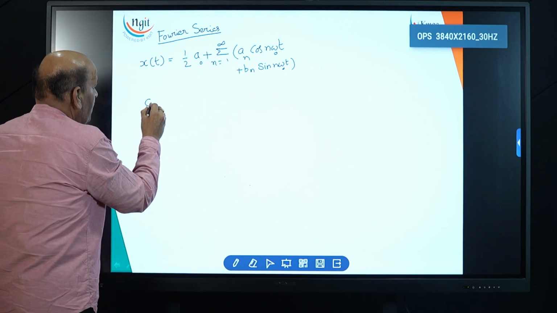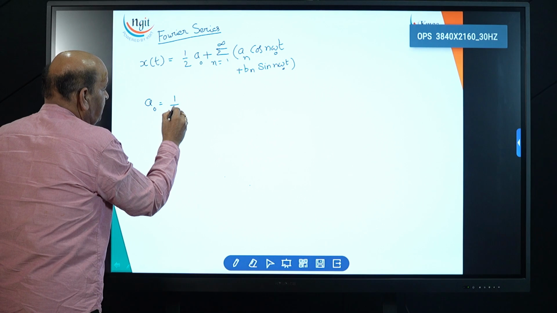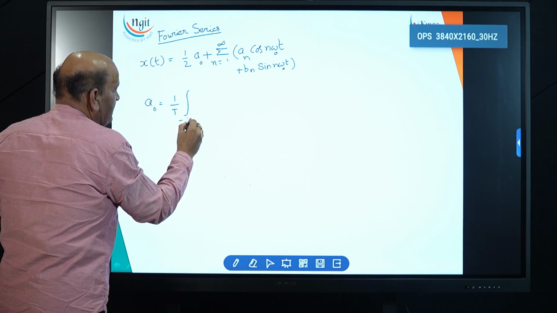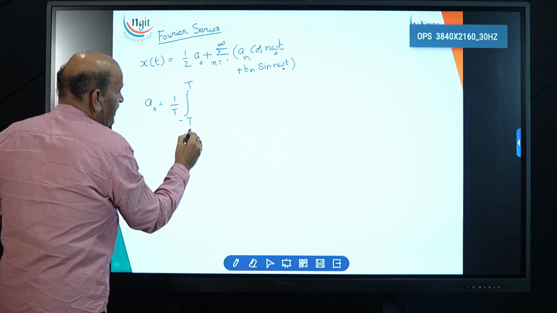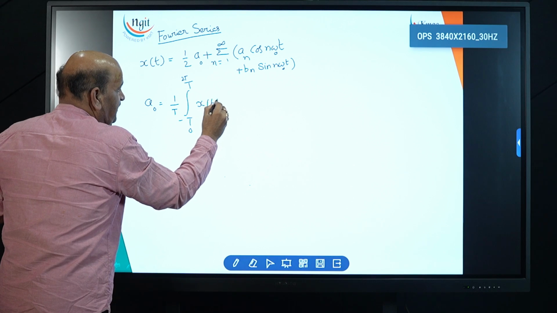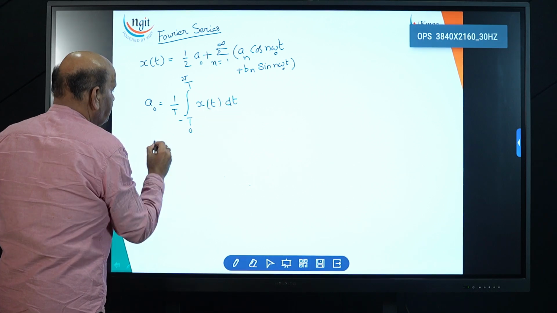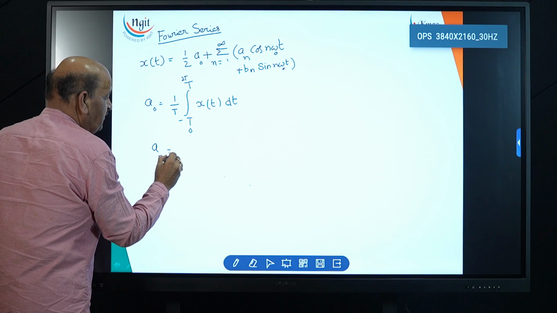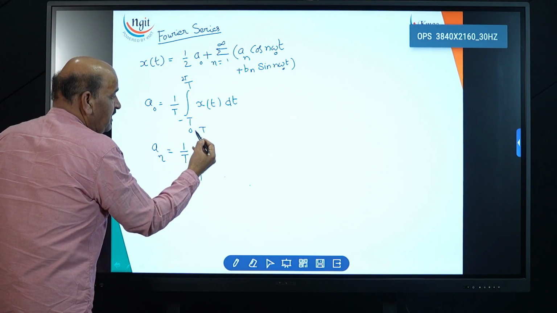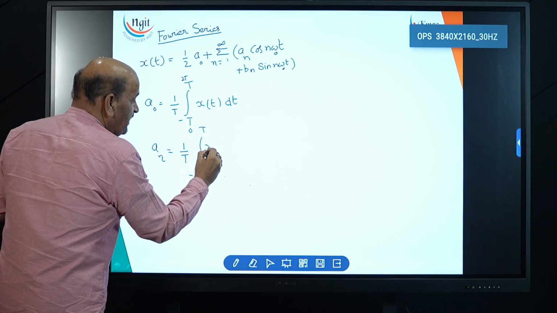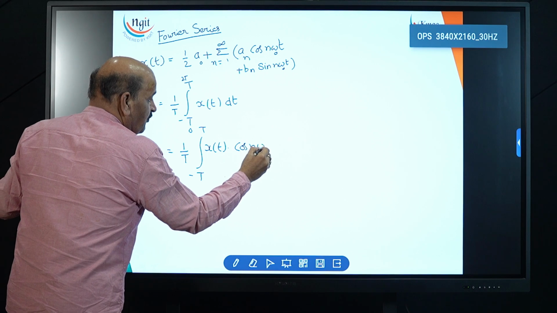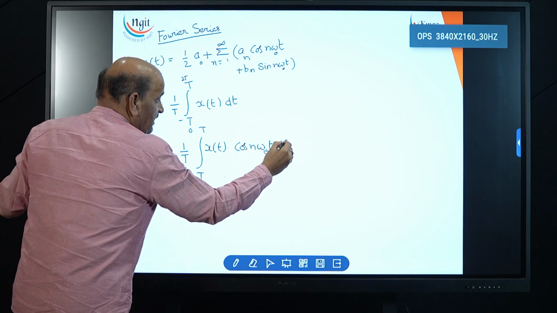Where, what is A naught? A naught is 1 by T integral over the given period, minus T to T or 0 to 2T, both are the same, of the given signal x of t dt. And again an is equal to 1 by T integral minus T to T or 0 to 2T x of t into cos n omega naught t dt.